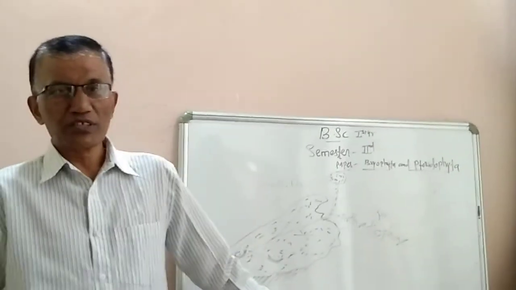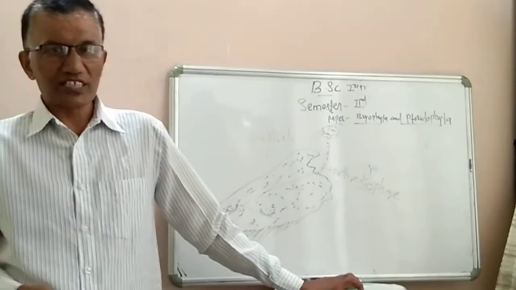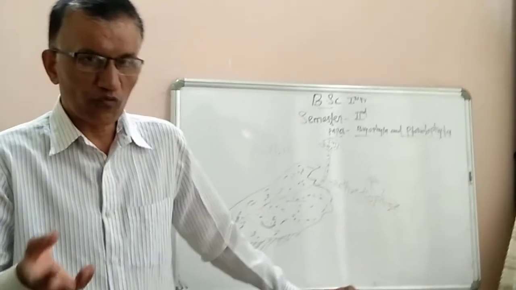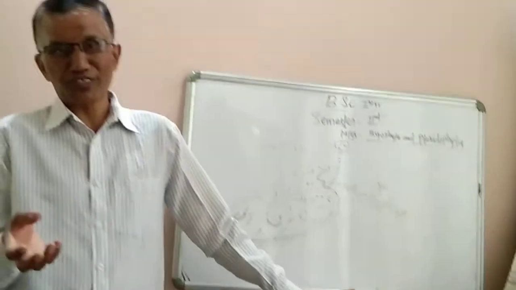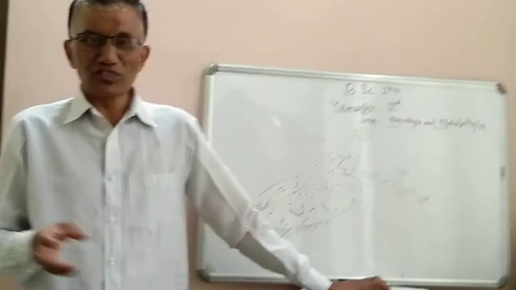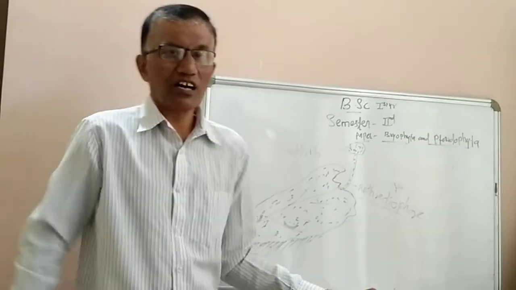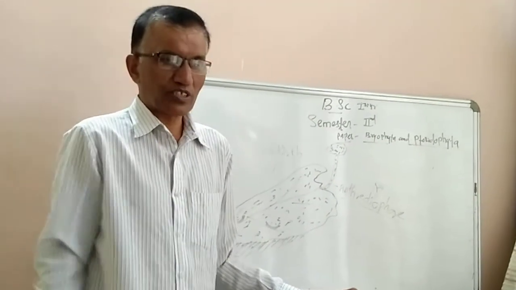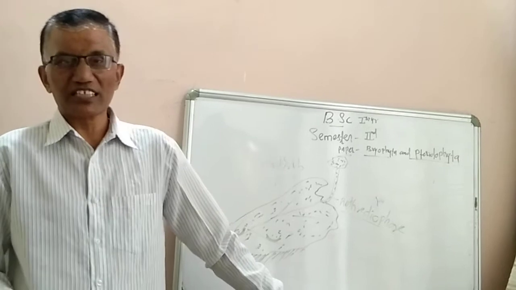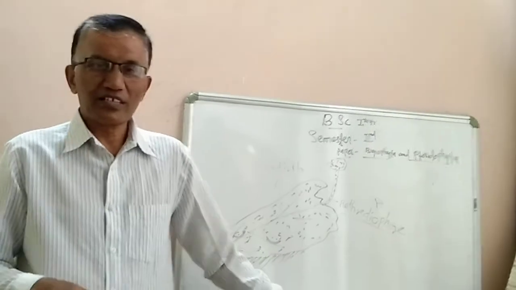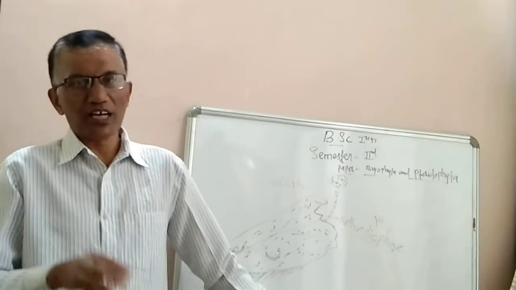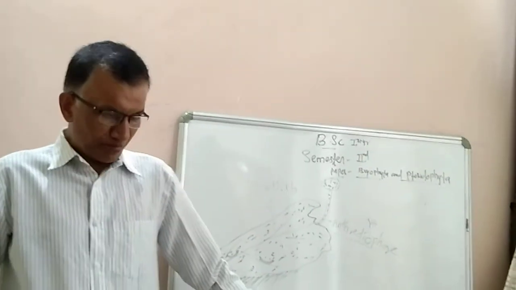Rhizoids are again of two types: smooth rhizoids and tuberculate rhizoids. What is the structure of smooth rhizoids? What is the structure of tuberculate rhizoids? They are mentioned in the reference books. You have to refer to the reference book, where you get clarity on what is meant by tuberculate rhizoids and smooth rhizoids.